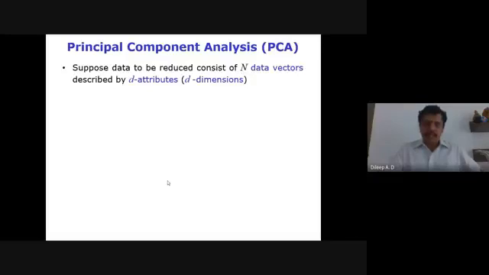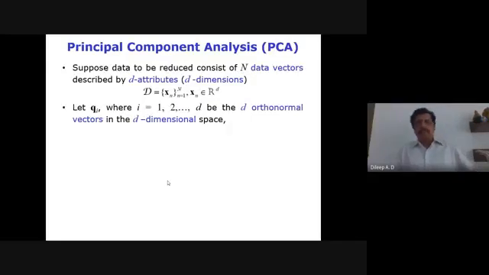What we do in principal component analysis is this. I'm giving you a higher level overview of the vector algebra itself. When we have a d-dimensional representation, that means we are talking about a d-dimensional space. In that space there will be d number of vectors, which I'm representing as qi.